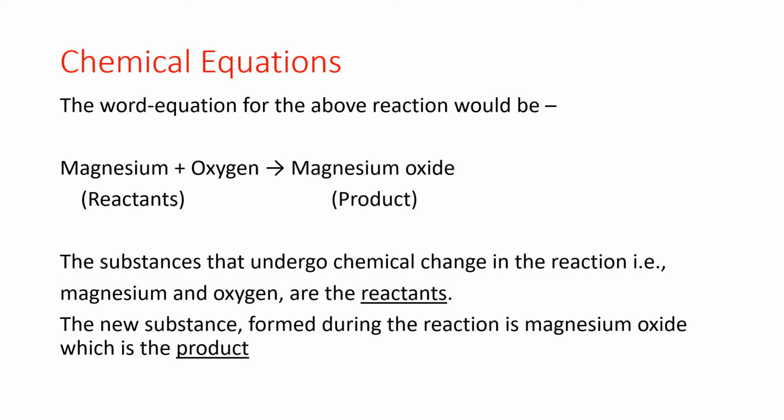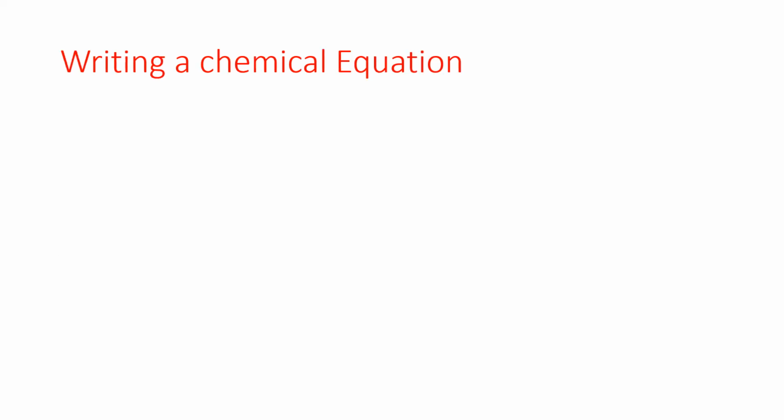So when you write a chemical reaction, on the left hand side you would have the reactants, and you would write a plus sign between them. This would be followed by an arrow pointing towards the direction of the product. The product may be one or more than one. Writing a chemical equation.